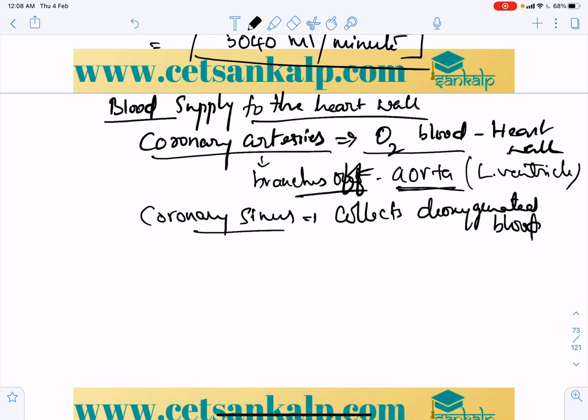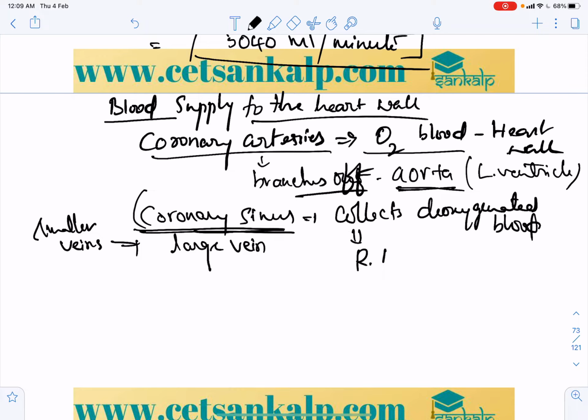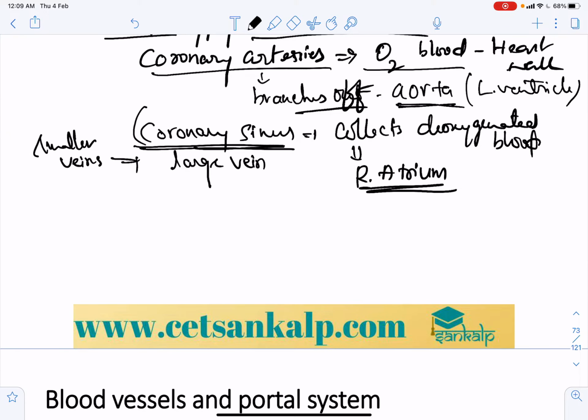That sinus opens into the right atrium. It is a large vein formed by many smaller veins joined together, the coronary sinus, which opens into the right atrium, as we discussed. Near the coronary sinus there will be the AVN, the atrioventricular node.